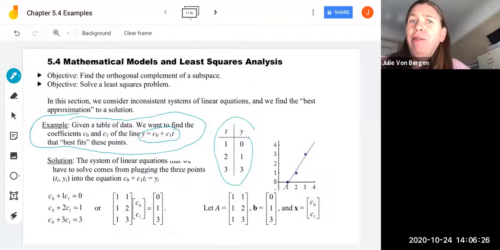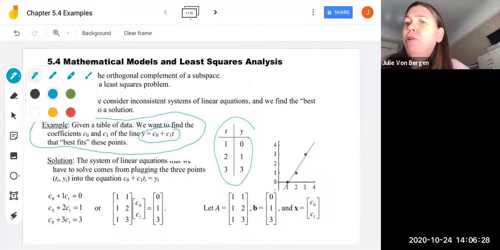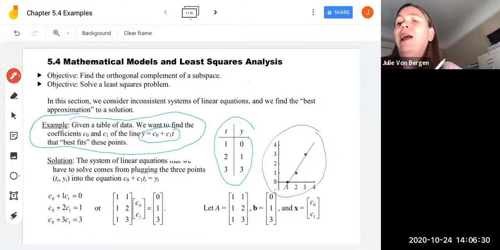If you take a look at the graph over here, there is no perfect fit line, but the points are close to a line, so we can find what we call the line of best fit, or what we know of as the linear regression line, or the least squares linear regression line.